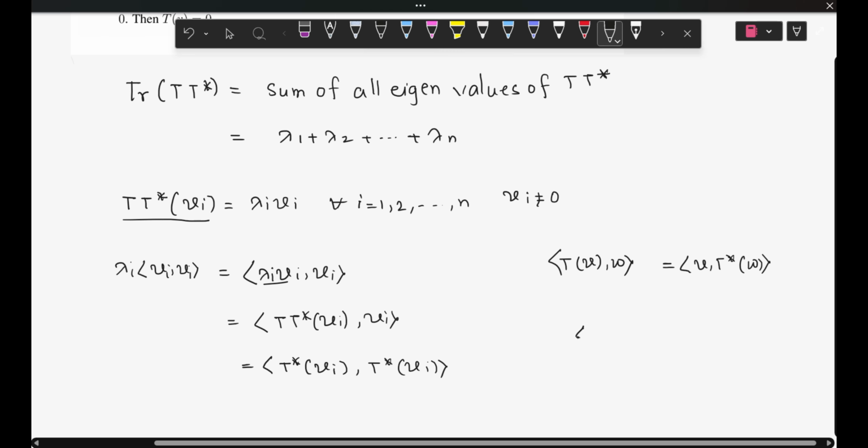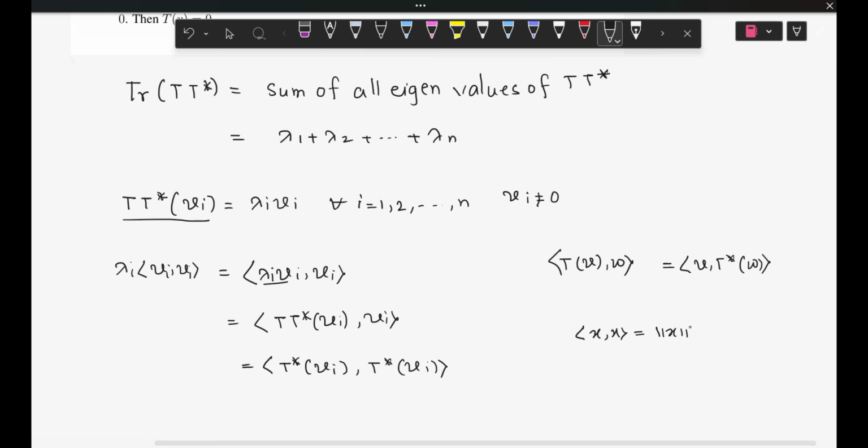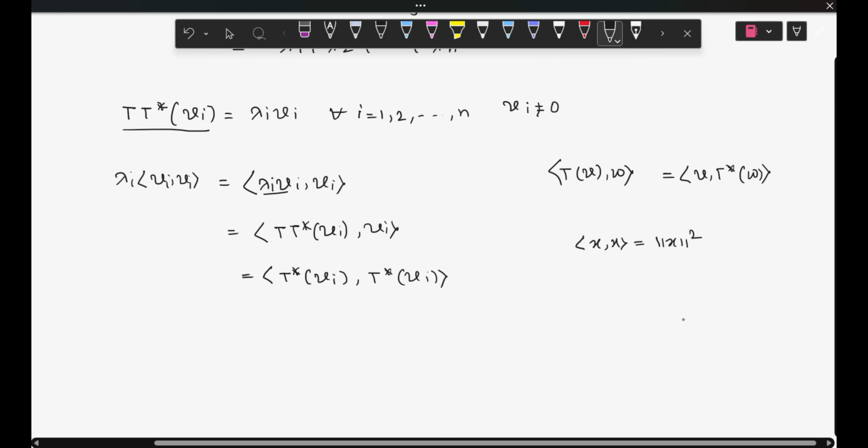Now the inner product of x with x is nothing but the norm of x whole square, right? So this is equal to the norm of T star vi whole square. Again, this is equal to lambda i times the norm of vi whole square.